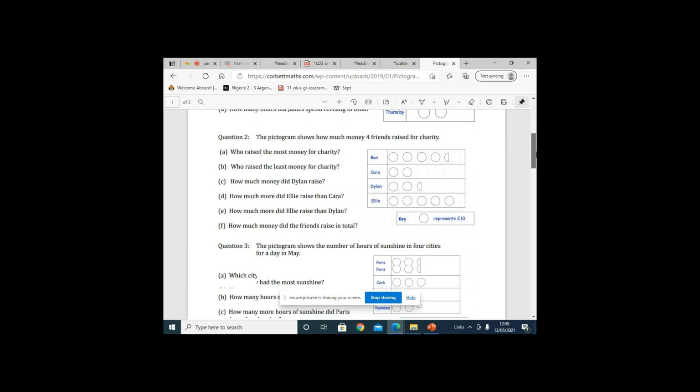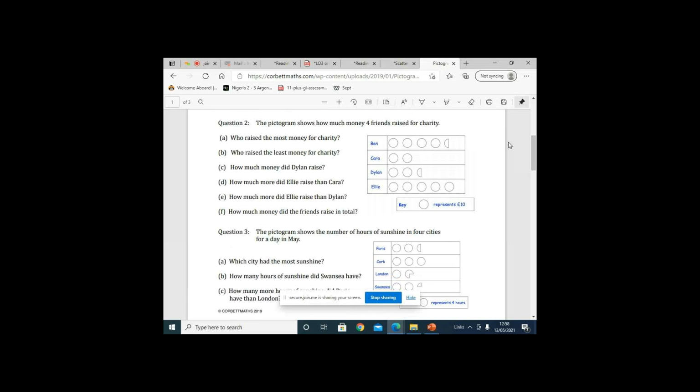So let's do the second pictogram. Okay, this is a pictogram. Who raised the least money for charity?